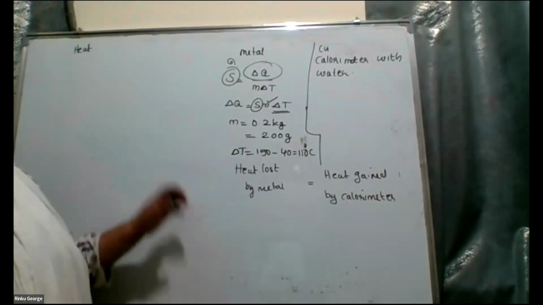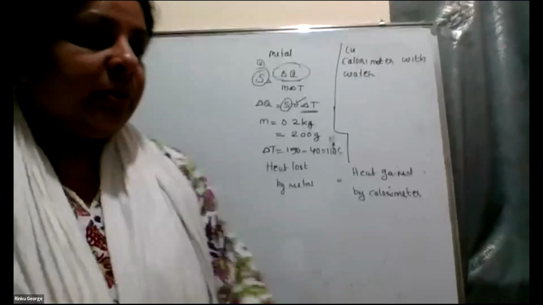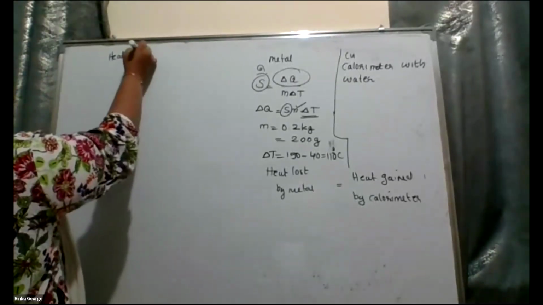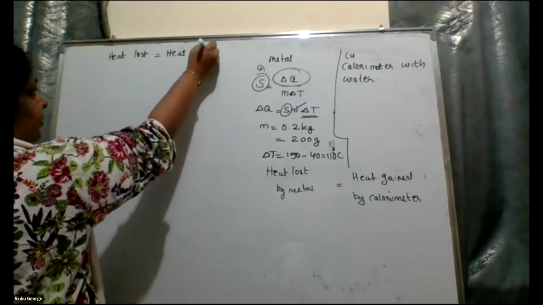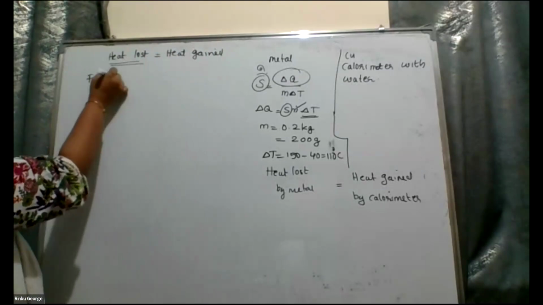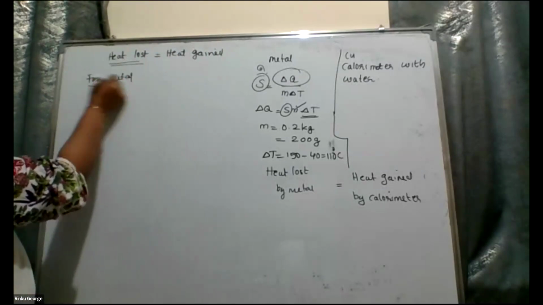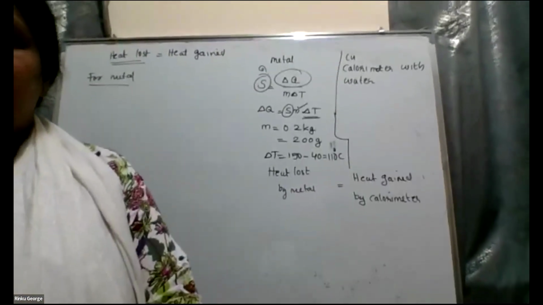So the basic principle is heat lost is equal to heat gain. So first you will find the heat lost. For the metal, listen all of you. This problem is easy, but the textbook example is a little confusing.